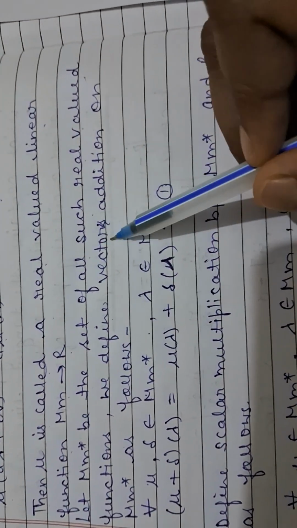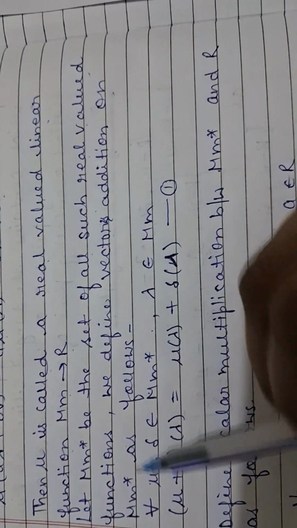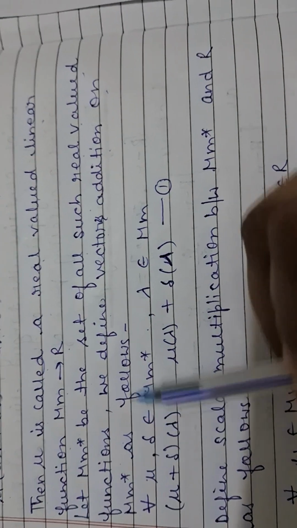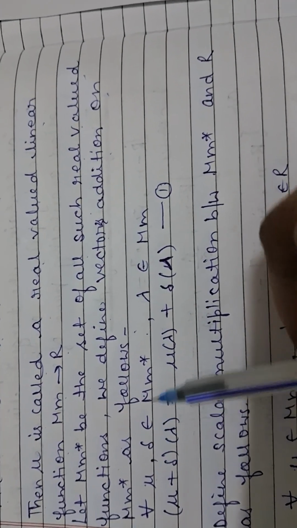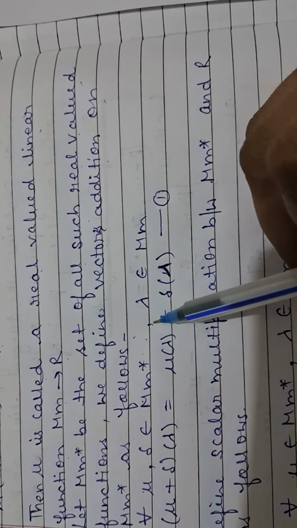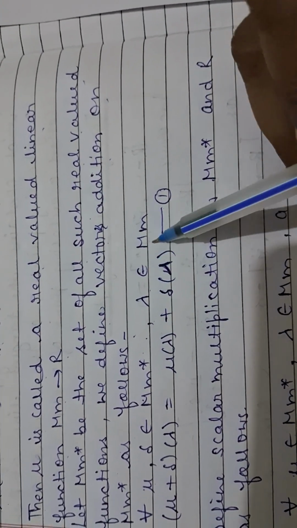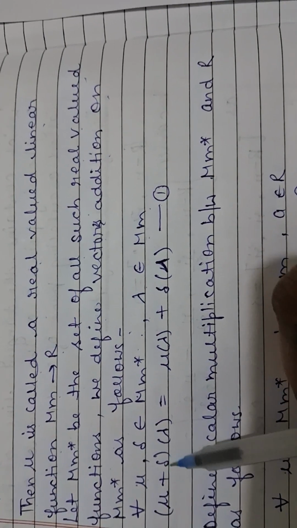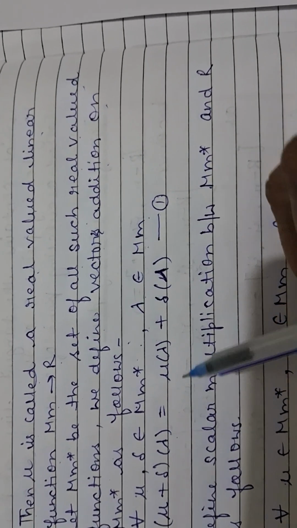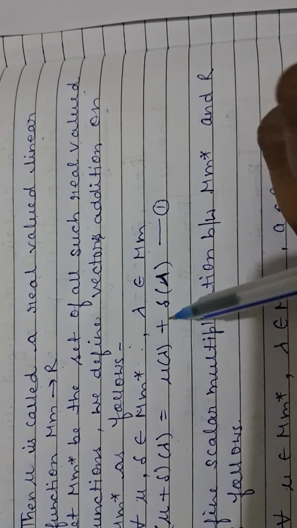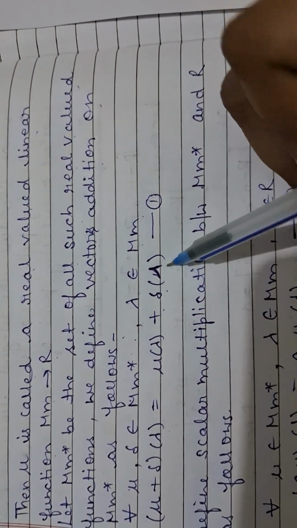We define vector addition on M star as follows. For every mu, delta belongs to M star and lambda belongs to M, then (mu plus delta)(lambda) is equal to mu(lambda) plus delta(lambda).